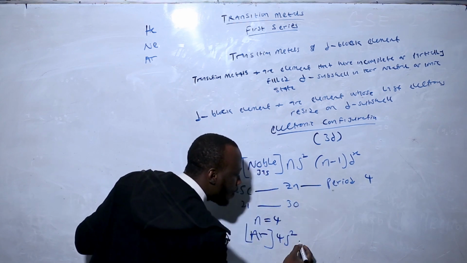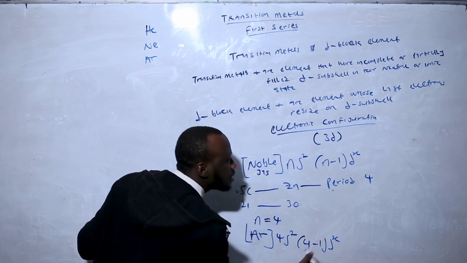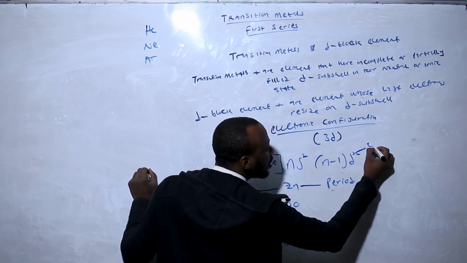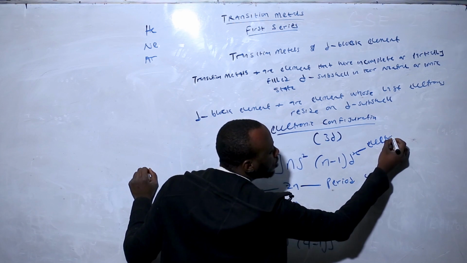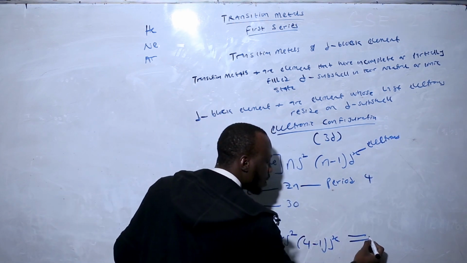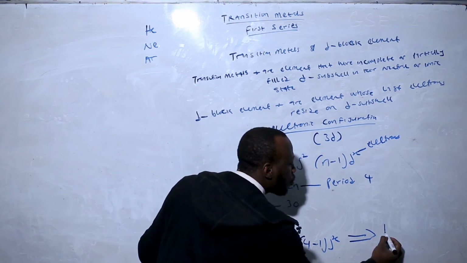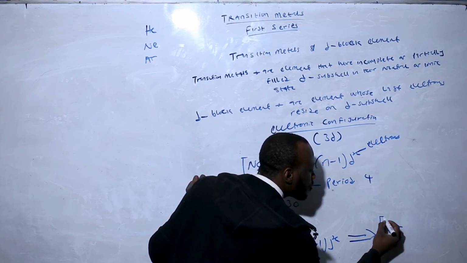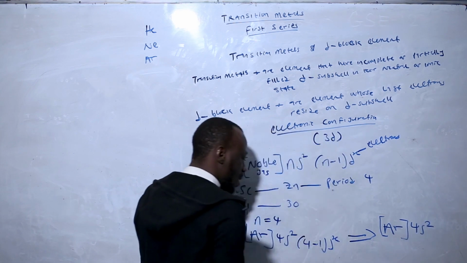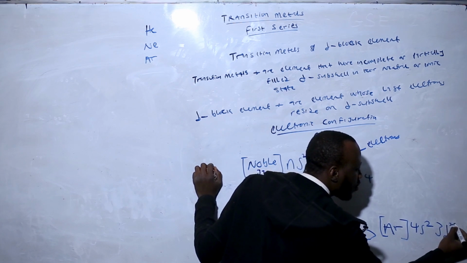Then here we have (4 minus 1) d to the power of x. This x is the number of electrons. So from here we can say that the 3d series has an electronic configuration of argon, Ar, 4s2, 4 minus 1 here is 3, 3d to the power of x.